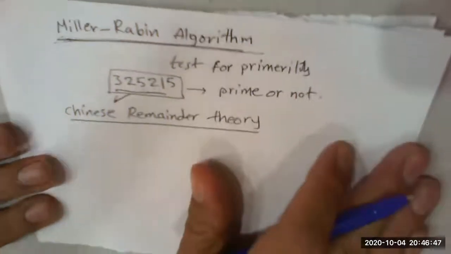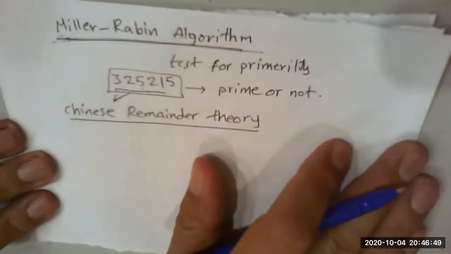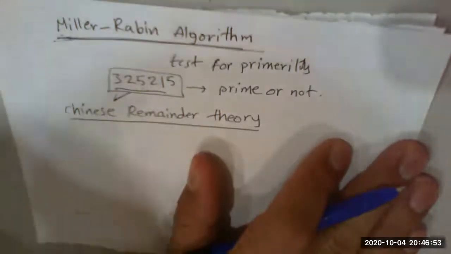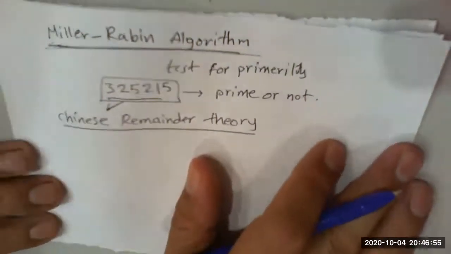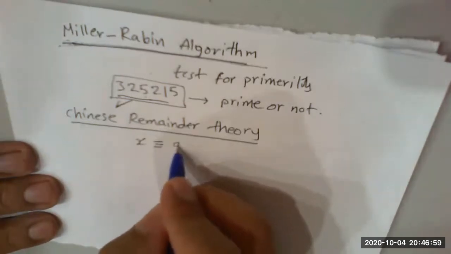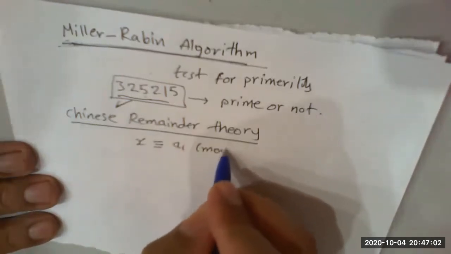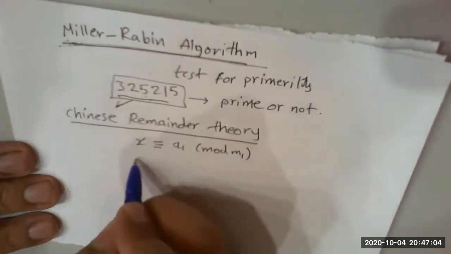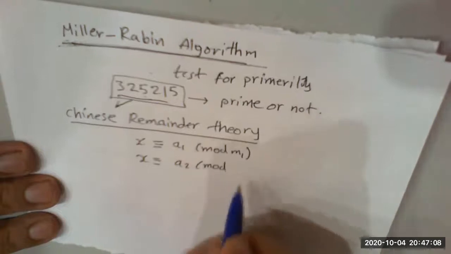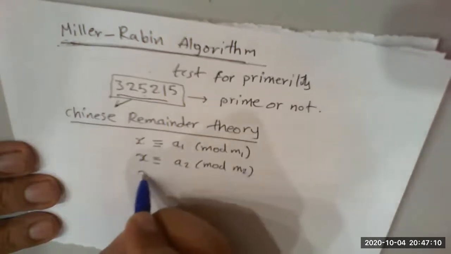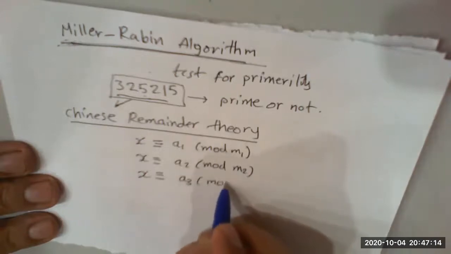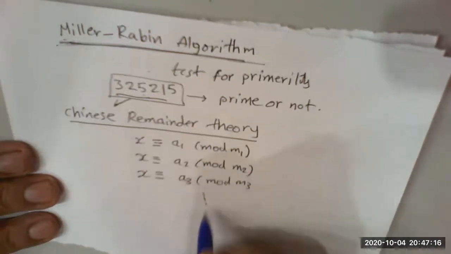Okay, what is the meaning of this? For example, I can construct x as a collection of numbers: x is congruent to a1 mod m1, and x is congruent to a2 mod m2, and x is congruent to a3 mod m3, and so on.